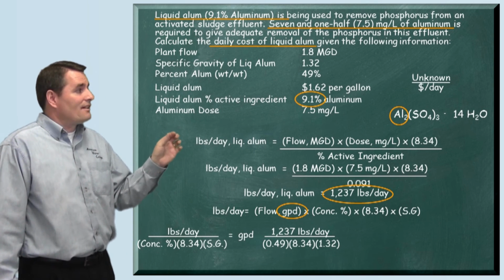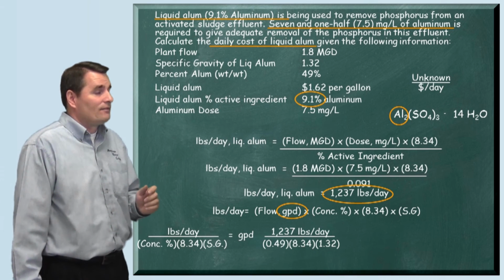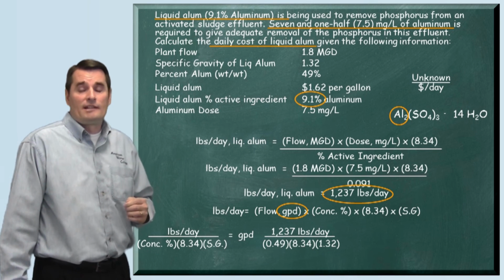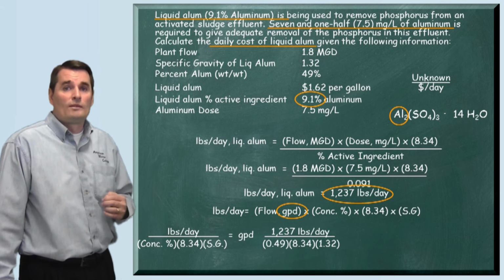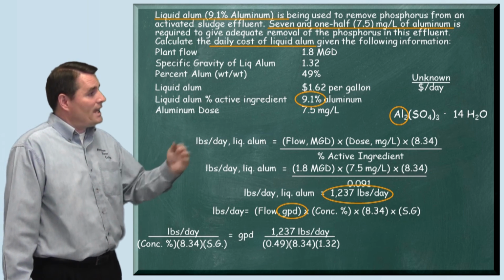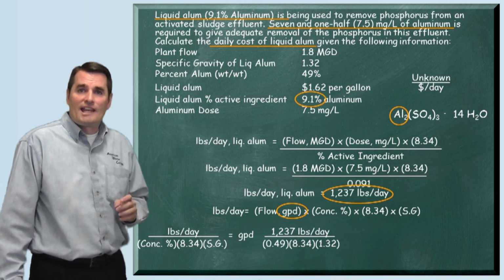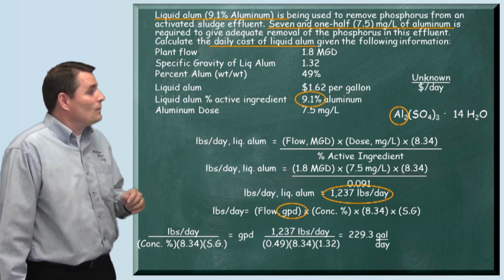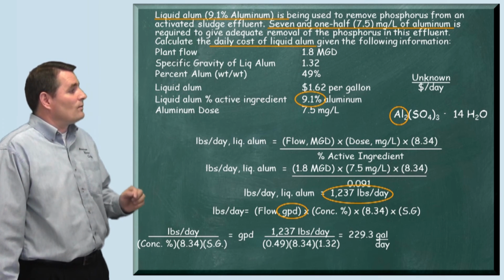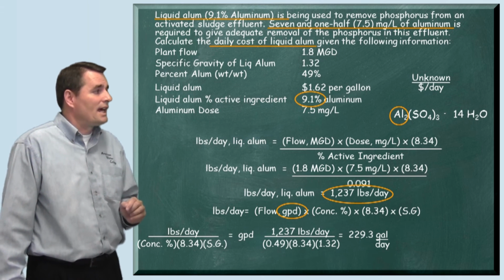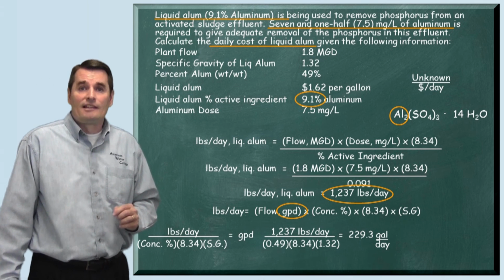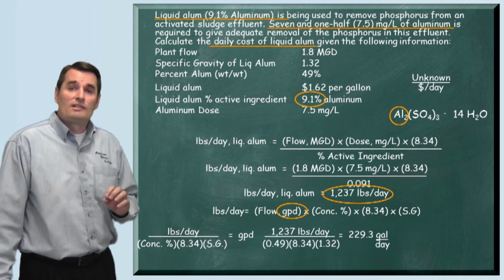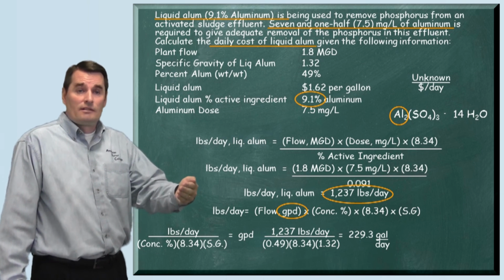But relating that to the weight of a gallon of liquid alum, we have to multiply by the specific gravity, which is 1.32. So now we have it set up, and when we plug this into our calculator and do this math, we see that we're dosing at a rate of 229.3 gallons per day. So that's how much liquid alum we're dosing.